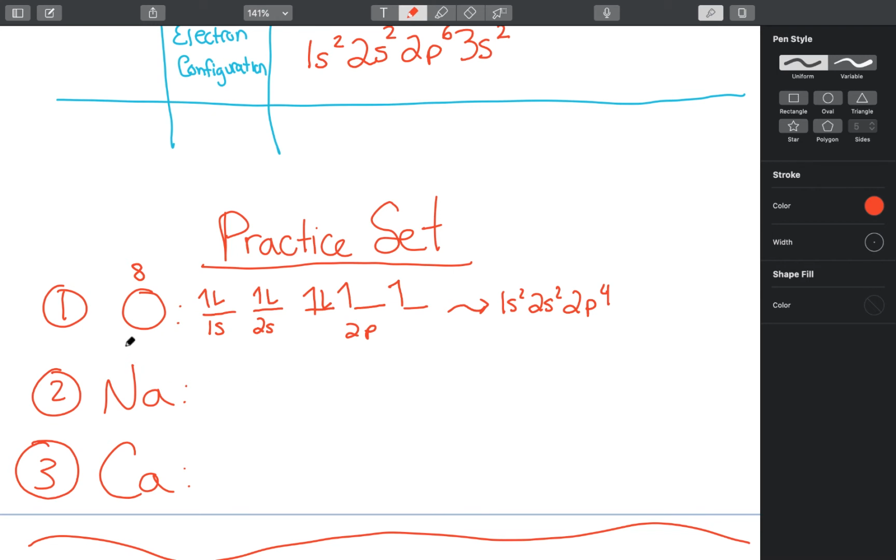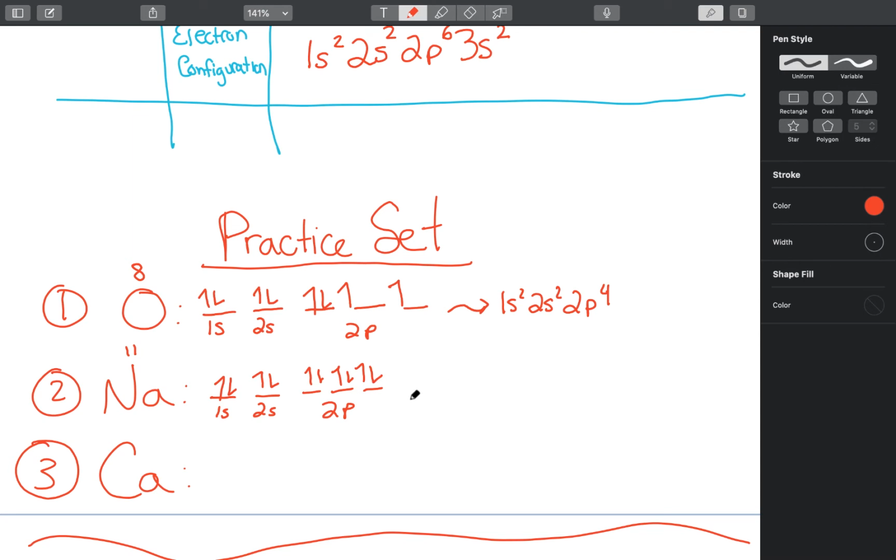So now let's do sodium. Now sodium has an atomic number equal to 11, so therefore we have 11 electrons. So let's fill out our orbital diagram. So we start off with 1s, so 1, 2. Then we move on to 2s, 3, 4. Then we move on to the 2p subshell. So 2p, so 1, 2, 3, 4, 5, 6.